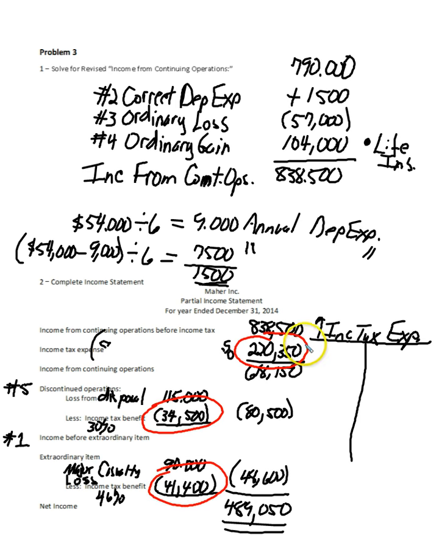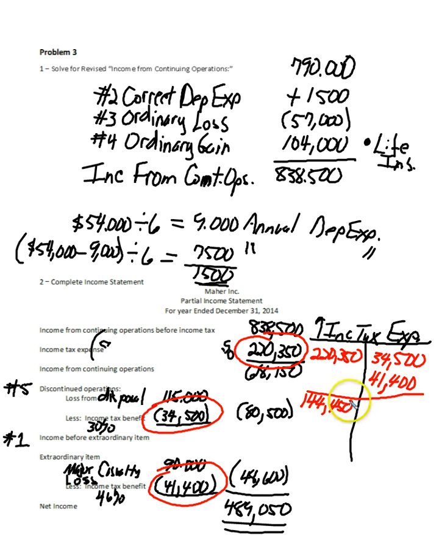So let's put those into our account. So $220,350, and then $34,500 is a benefit, so it's going to go on the other side. Likewise, the $41,400. Okay, so we would have a net expense of $144,450.